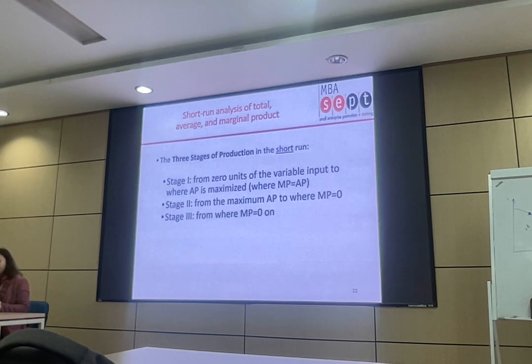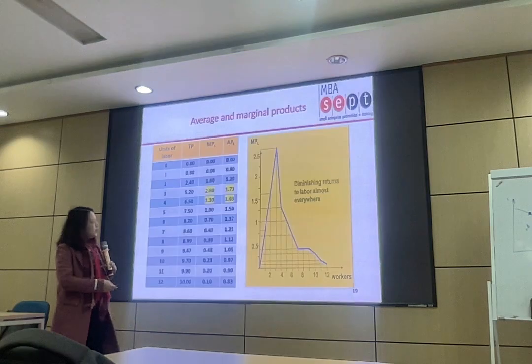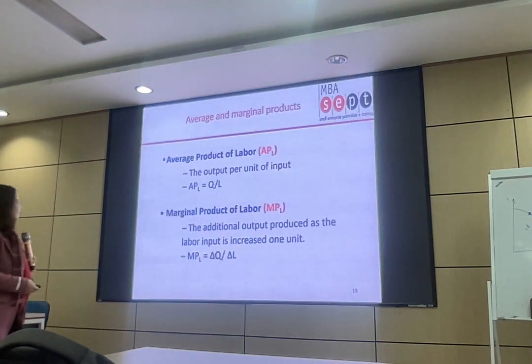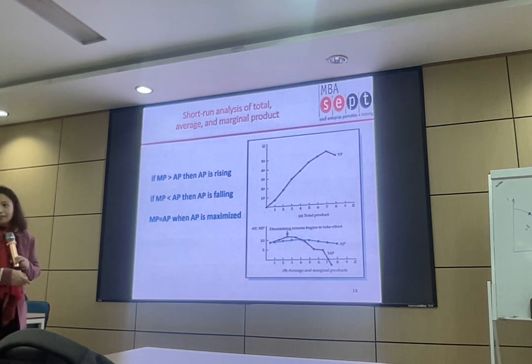Now what happens with stage 1? If we go back to this graph, you will see for this average product curve, from this point to the highest point, this is stage 1.